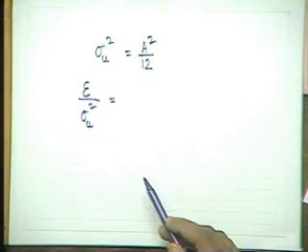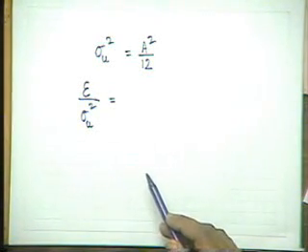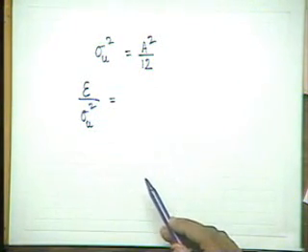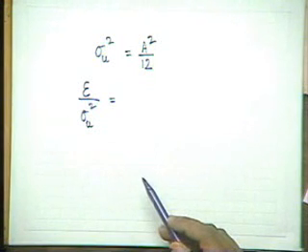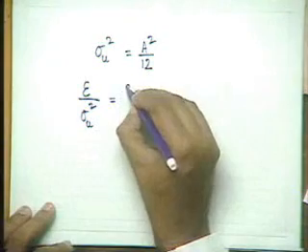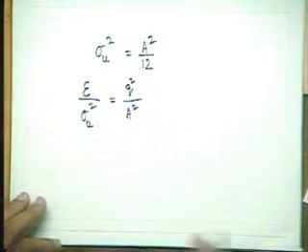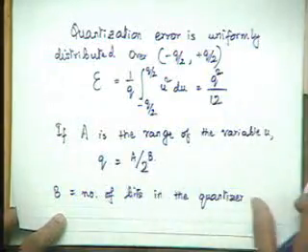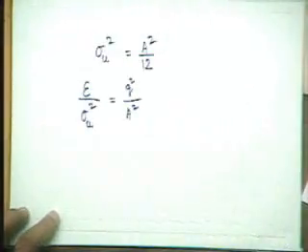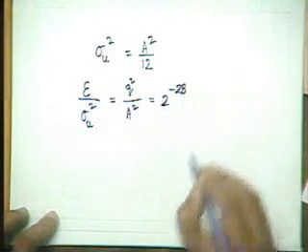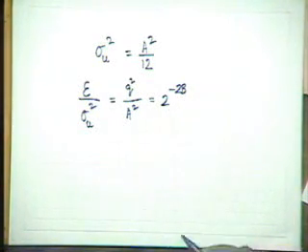So obviously this is going to be q square by A square, because I know that E is equal to q square by 12, sigma square u is equal to A square by 12, so I simply get q square by A square. Substituting the expression for q, which was A by 2 to the power B, we have this as 2 to the power minus 2B.